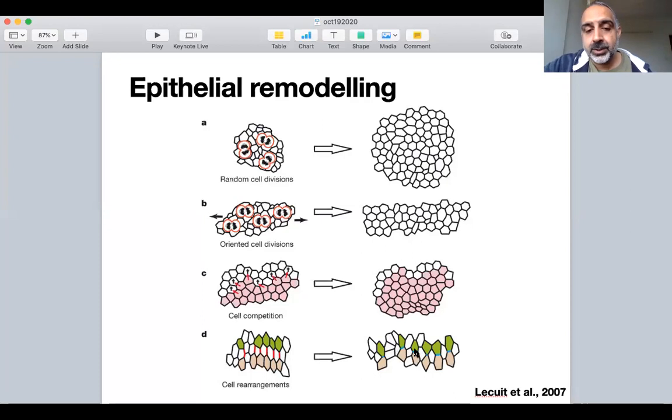I'm going to talk a little bit more about cell rearrangements because they're quite important and quite interesting. Remember, around every epithelial cell there's a junction, and the junction is loaded with actin and myosin, and the junction is stuck to another cell.